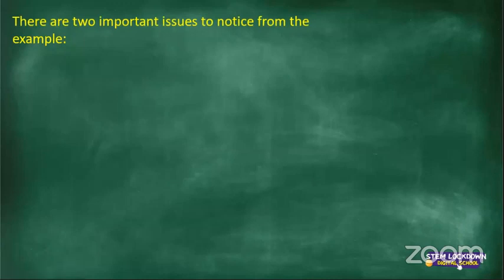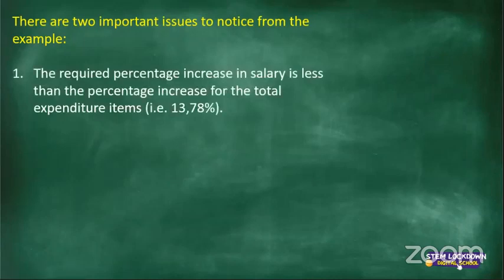There are two important issues to notice from this example. The required percentage increase in salary is less than the percentage increase for the total expenditure items. We'll see here, it's 13.78. Remember when we calculated the total increase in expenditure, we found that the overall inflation rate for her items is 13.78%.